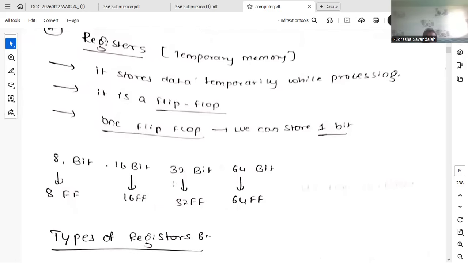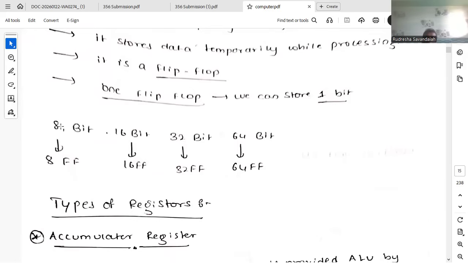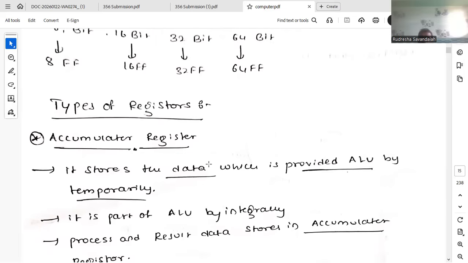First you have 8-bit, then 16-bit, then 32-bit, then 64-bit registers.